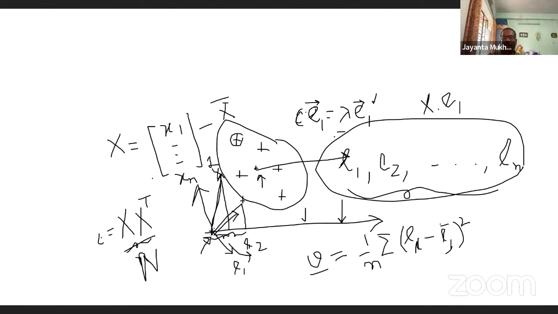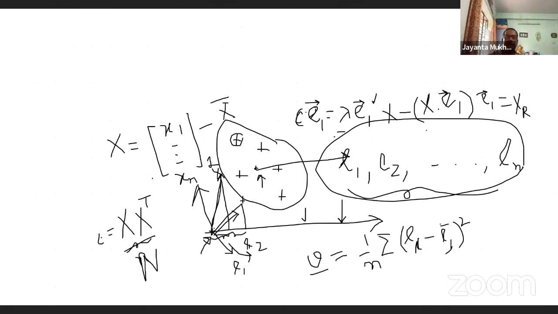What is the contribution of x along E1? If I perform the dot product, we get the respective factor, and this is the vector contribution of x along the direction E1. If I subtract this from x, I will get the residual of the vector x.